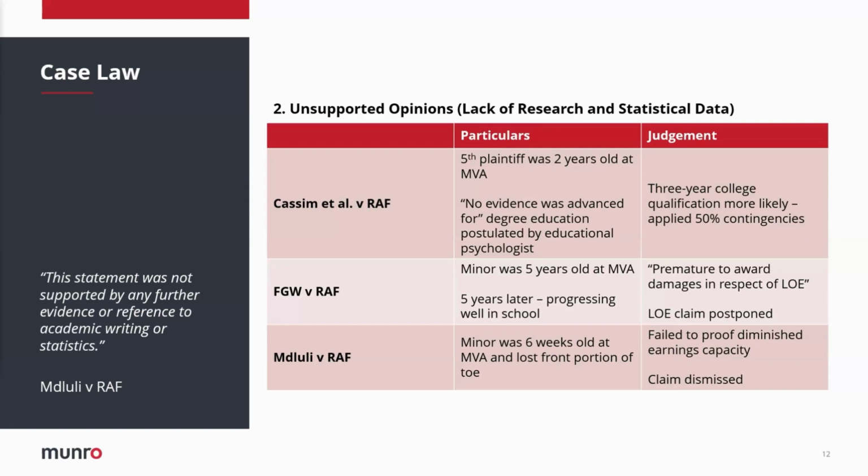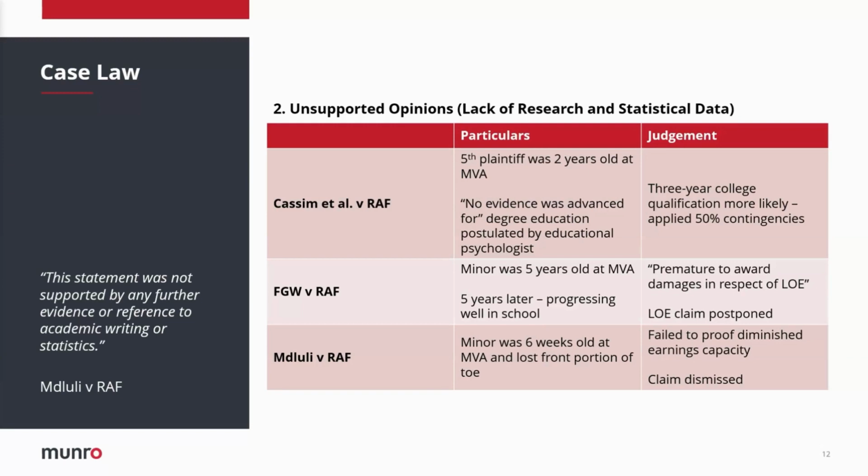Again, there's cases that we can look at, and I think specifically for Kasim et al. versus RAF, the fifth plaintiff in that matter was 2 years old at the time of the accident, and it was postulated that they would have, years down the line, achieved a degree level of education, but no actual evidence was advanced in that regard.